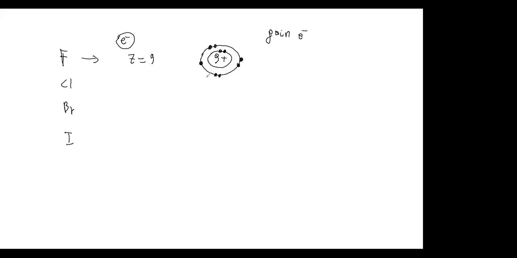And how many electrons does fluorine need to complete the outer shell? You can write in the chat. How many electrons? Abigail, yes, 1 electron. Great. So I'm going to draw here 1 electron in red for fluorine to complete its outer shell.